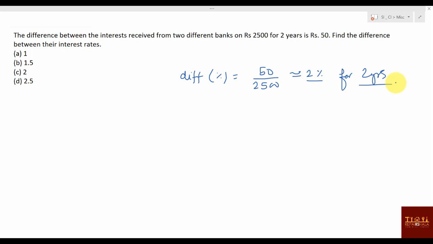The difference is 2% for 2 years, so the 1 year difference will be 1%. Okay, write percentage everywhere. Clear? Difference they have given, principal they have given. I found the difference in terms of percentage, and that percentage is for 2 years. For 1 year it will be half of that.